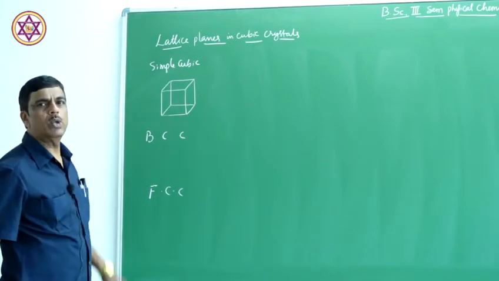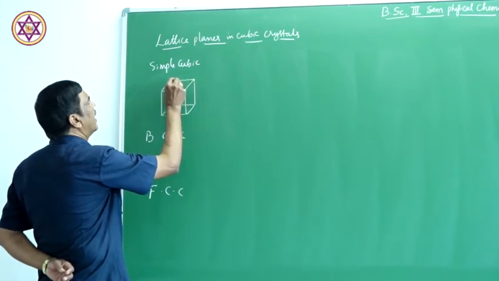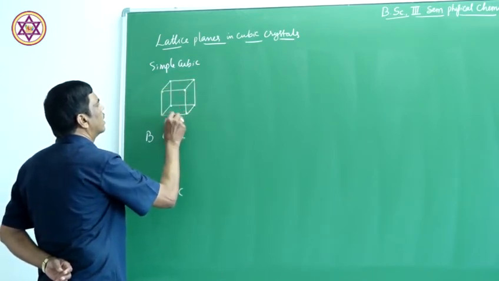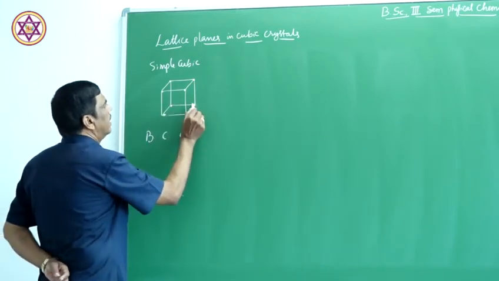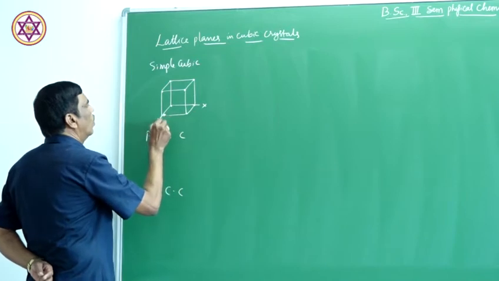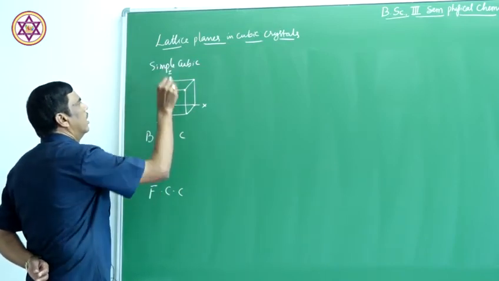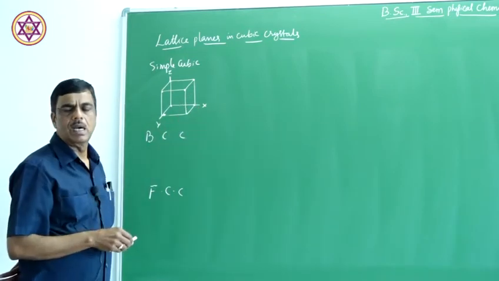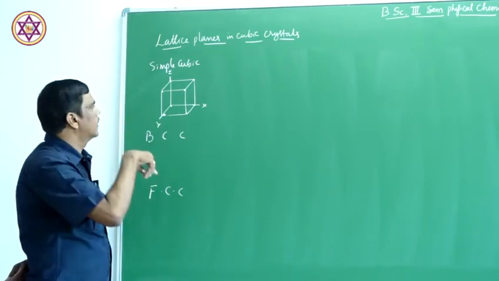In case of simple cubic lattice, there are only atoms in the corners of a cube, and different planes are there in the x direction, y direction and z direction. How to represent these parallel planes, that we have to discuss today.